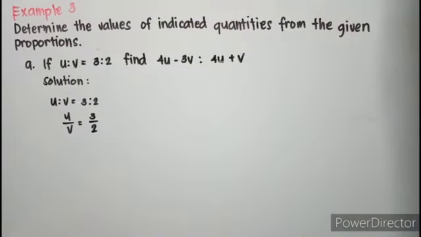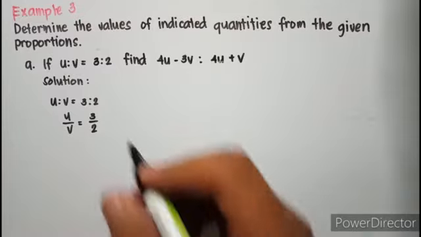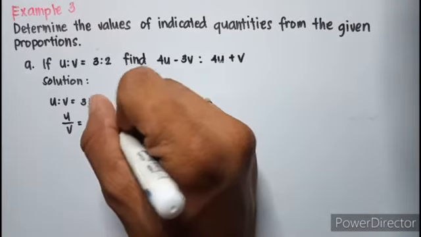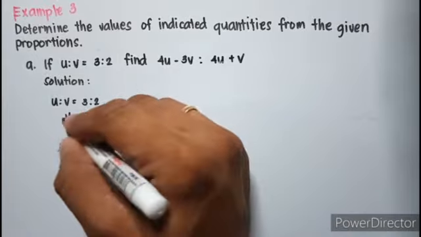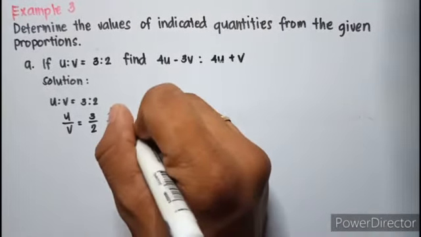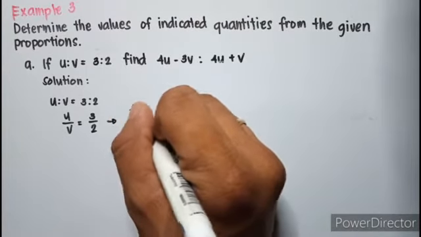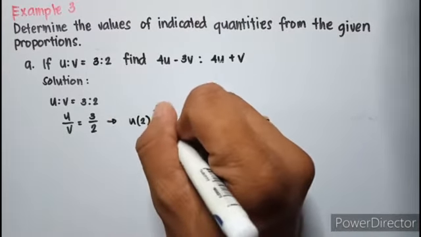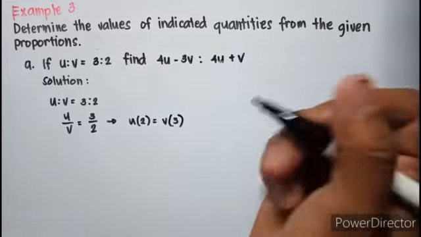Then we are going to solve one variable with respect to another variable. So for example, let us solve for U. If we're going to solve for U, let's cross multiply. So that will become U times 2 is equal to V times 3.